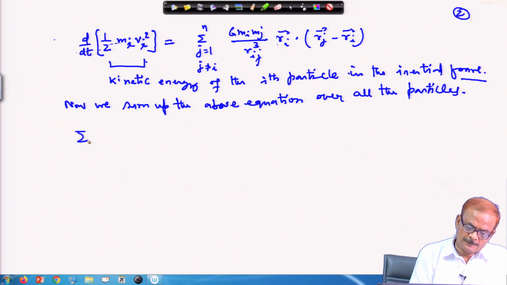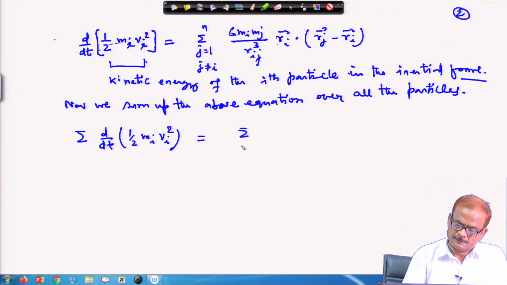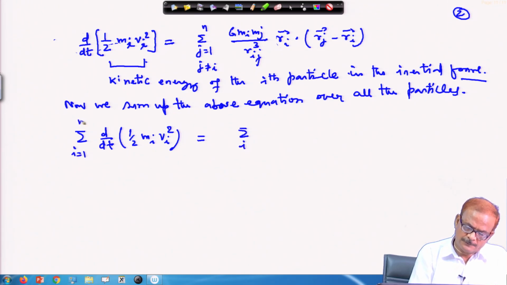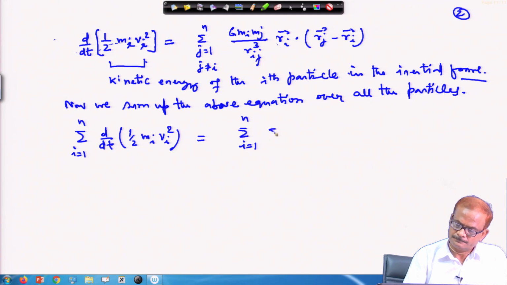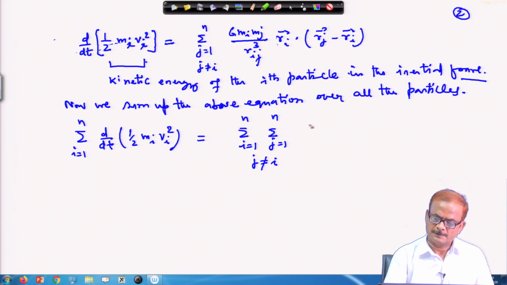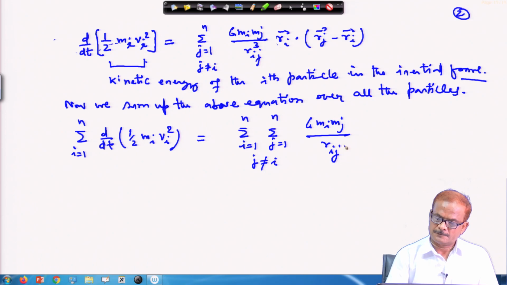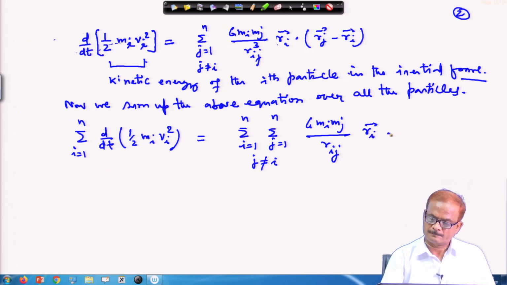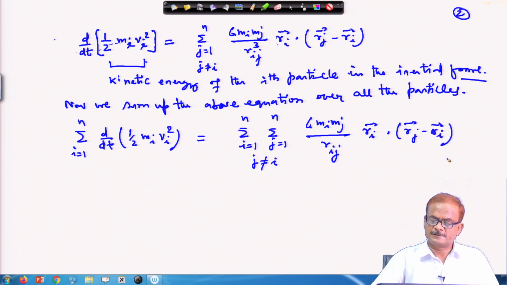If we do that, we get the summation of d by dt of 1 by 2 m I v I square, with I equal to 1 to n, and on the right hand side the sum with j not equal to I. Now this is the situation.